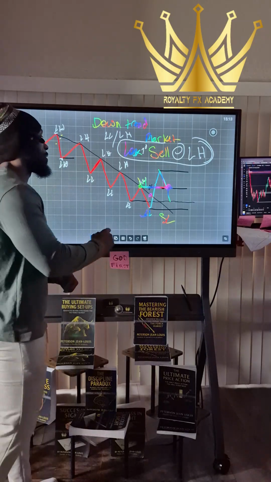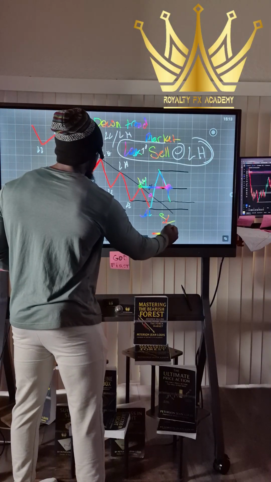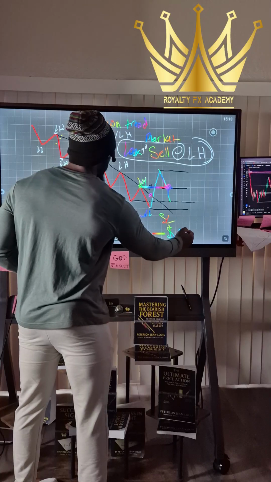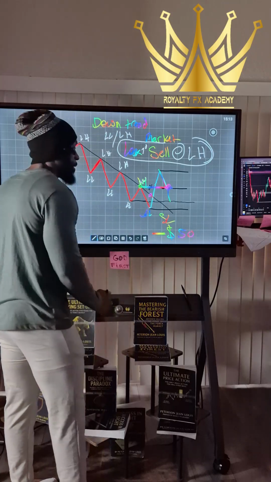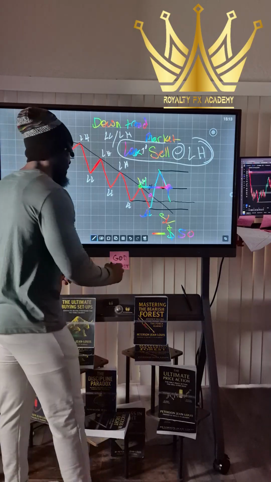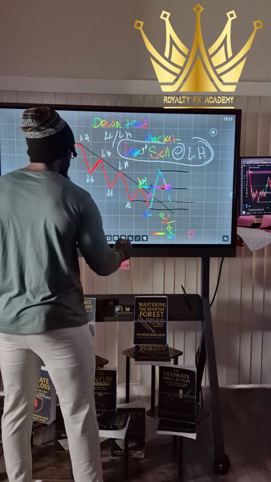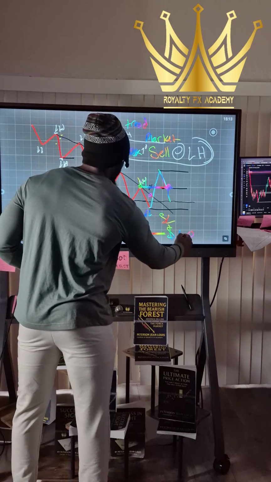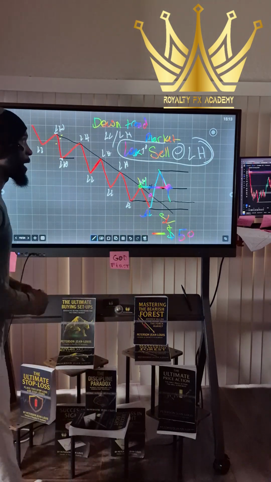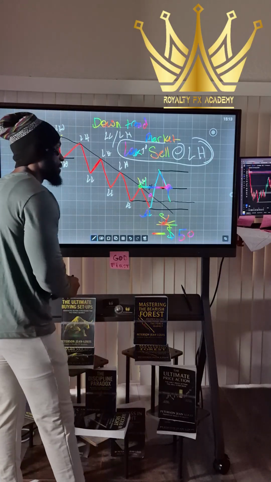Remember, no matter what happened, we are risking $50. So we enter here, stop loss at the last low, we are risking $50.